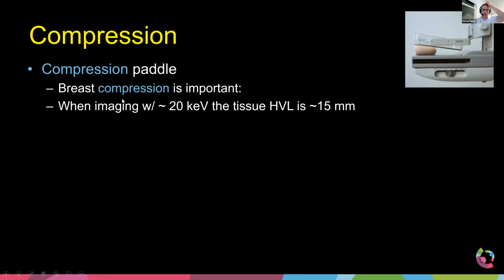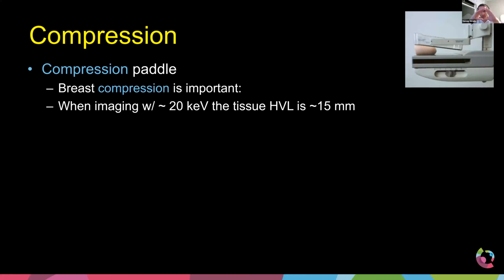We'll do a hypothetical example, but this is why we use compression. There are a lot of benefits to compression, which we'll talk about in a second, but the biggest one is you're going to take a breast tissue, whatever thickness it is, and reduce it.